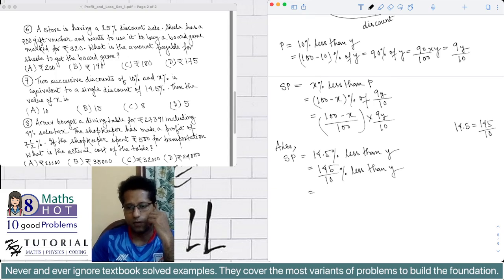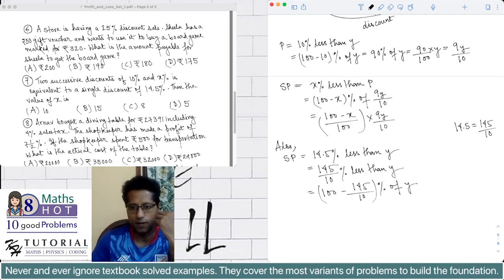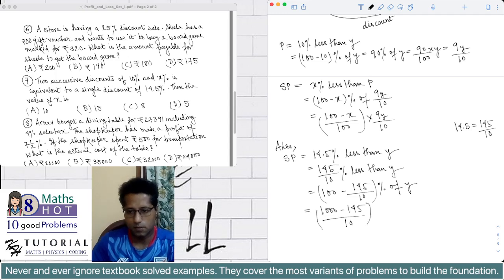This is equal to 100 minus 145 by 10, this much percentage of y. If we simplify 100 minus 145 by 10, it will be 1000 minus 145 by 10, this much percentage of y.